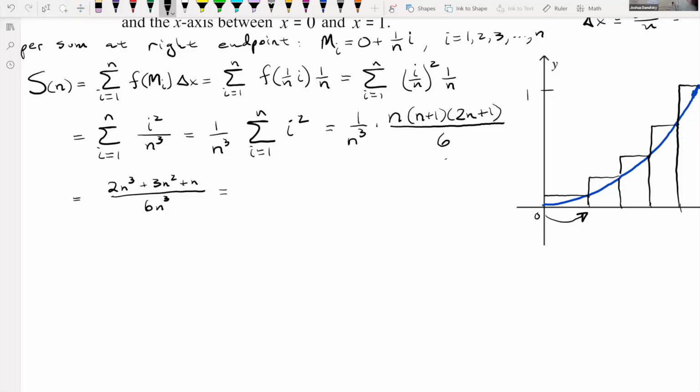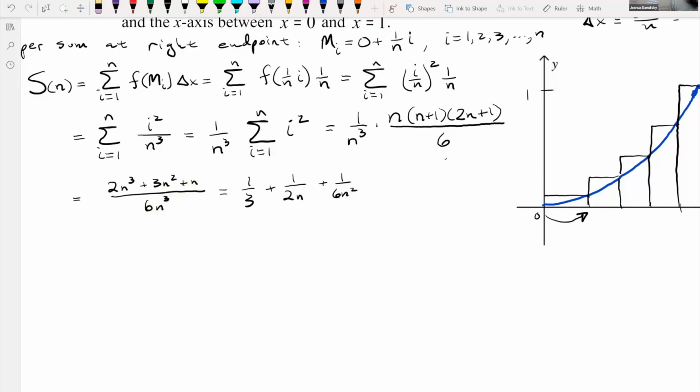And then I'm going to split it up into 3 fractions, right? I'm first going to look at this fraction here, and I'm going to get 1/3. Next, I'm going to look at this fraction here, and I'm going to get plus 1 over 2n. And finally, I'm going to look at this fraction here and get plus 1 over 6n squared.